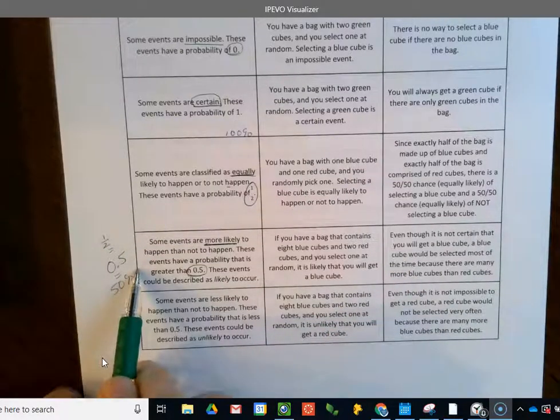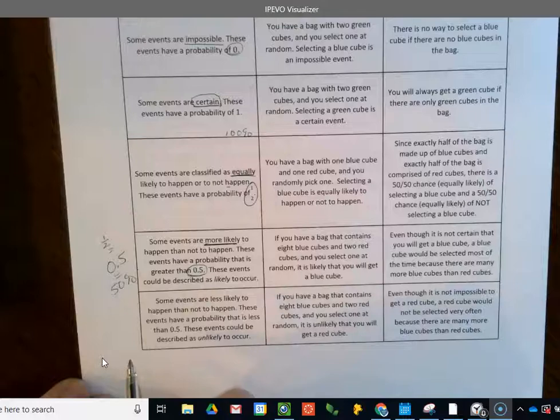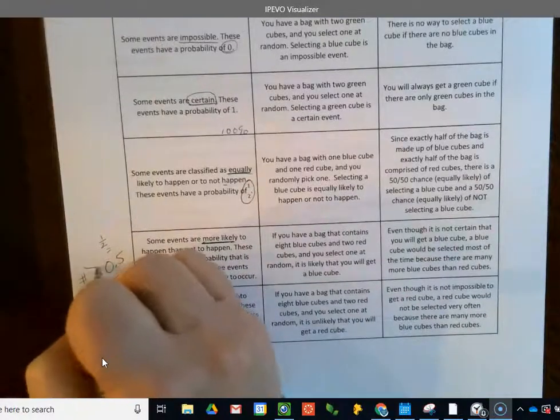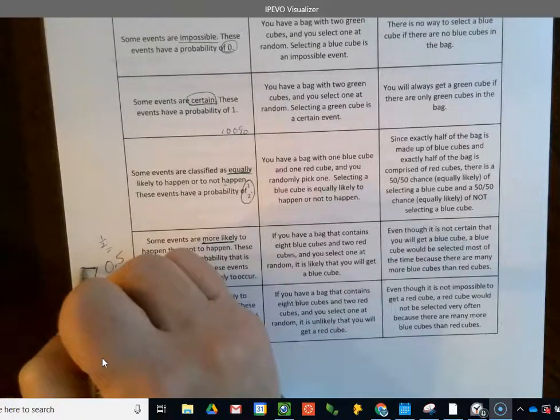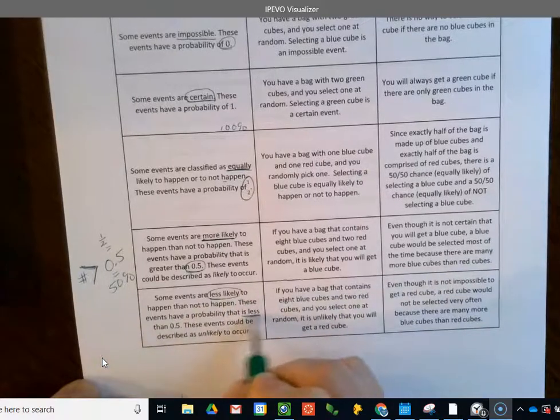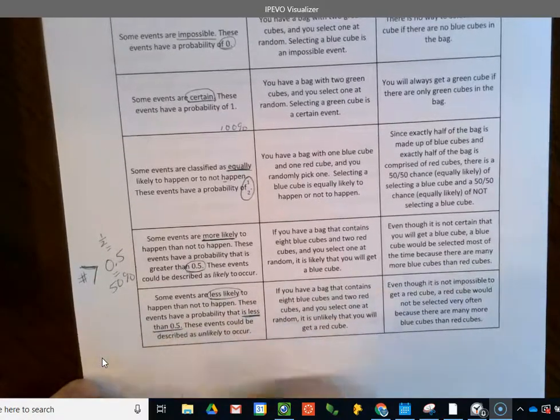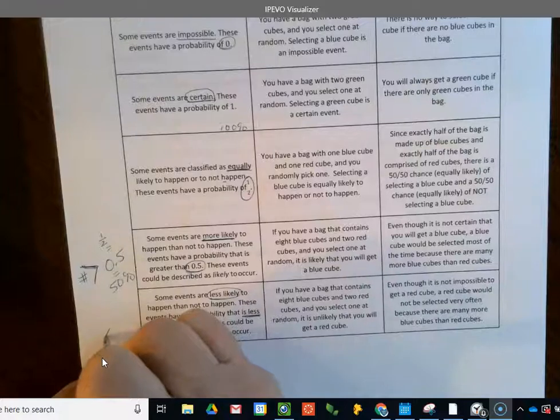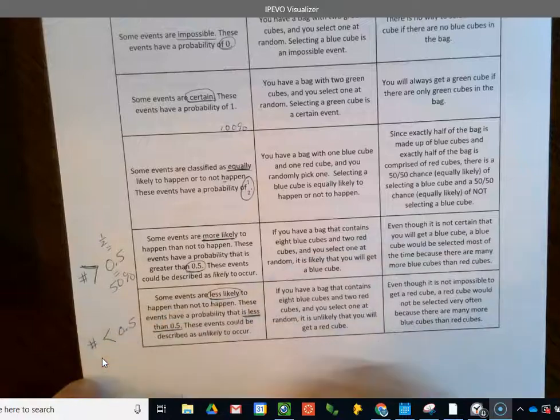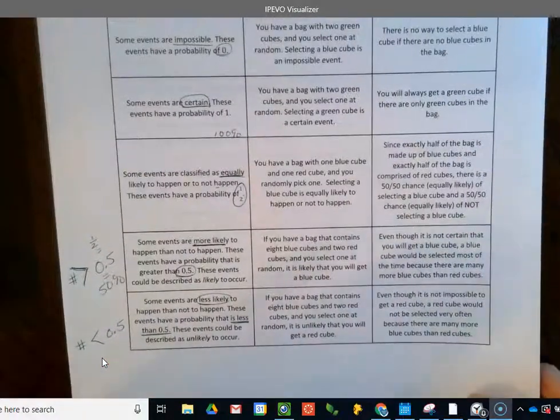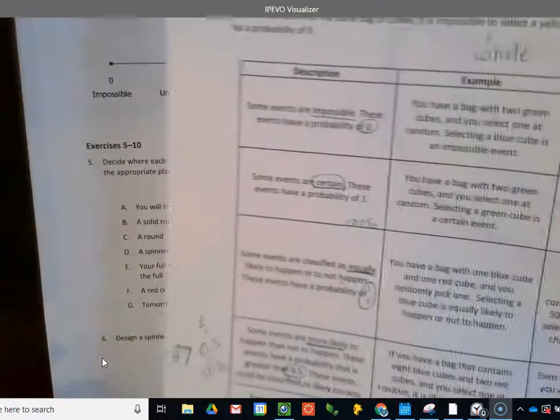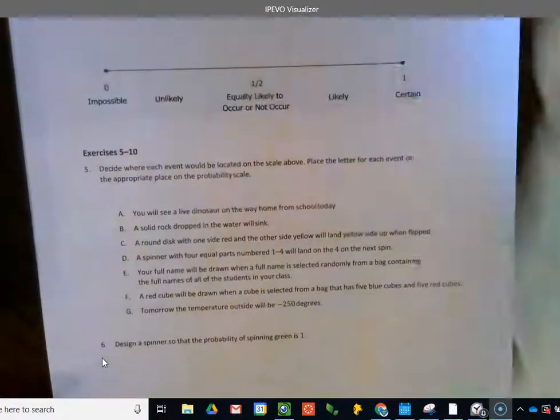It has to be greater than that, so it's a number that is greater. And then less likely means that it is less than. Okay, this is going to be a really good piece of paper for you to focus on and think about. So let's move on to the next part.